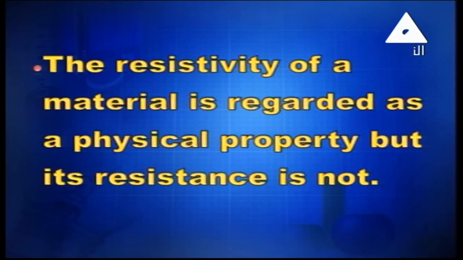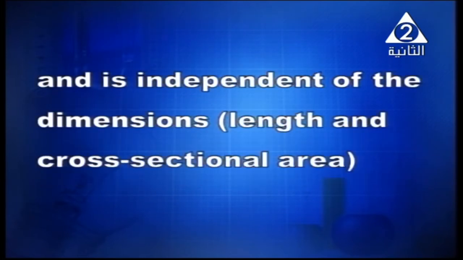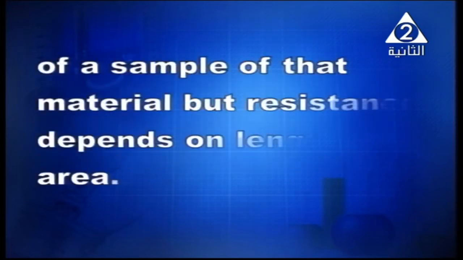Simply because the resistivity of a material, unlike resistance, is a constant at any given temperature and is independent of the dimensions of the wire. Dimensions of the wire means the length and cross-section area of the wire. But resistance depends on length and area.